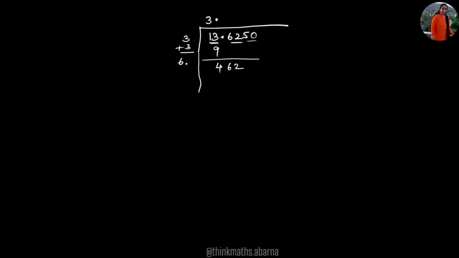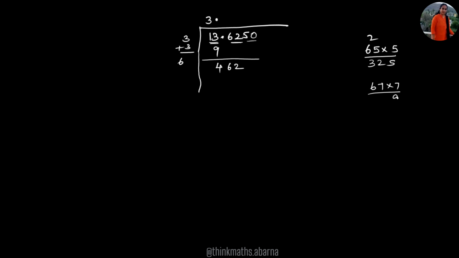Multiplying with which number will we get a number less than 462? Let us take 5. So 65 into 5. 5 fives are 25, balance 2. 6 fives are 30. 30 plus 2 is 32. So this is much lesser than 462. So let us take the next number, 6 or 7. I am going to take 7.